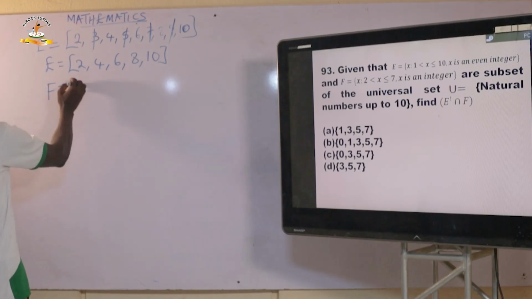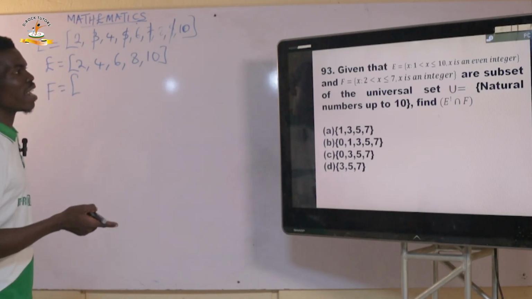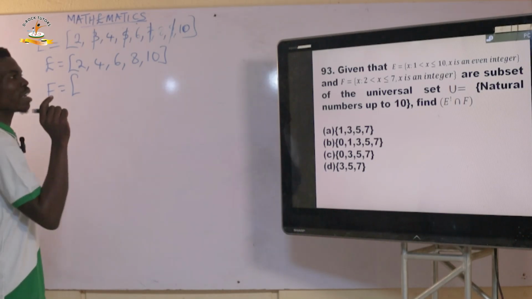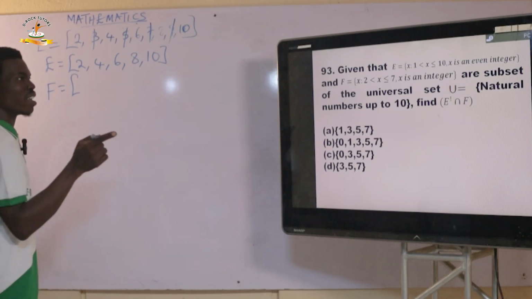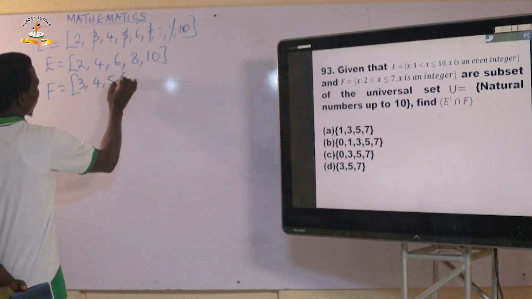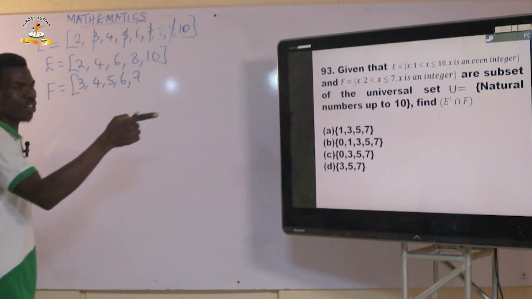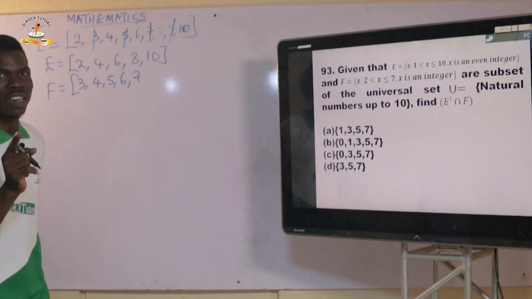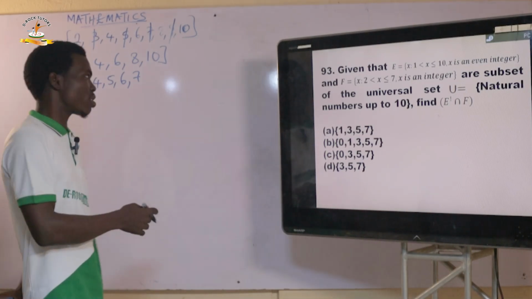F is 2 is less than x, and don't forget that we cannot include 2 since 2 is less than x. So we start from 3, 4, 5, 6, 7. We stop at 7 because it is less than or equal to 7. If it's just less than 7, we will stop at 6.